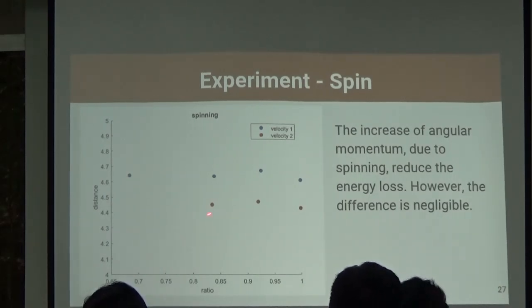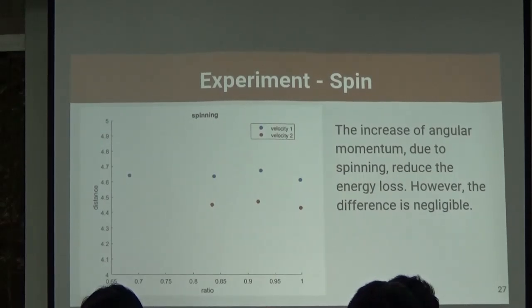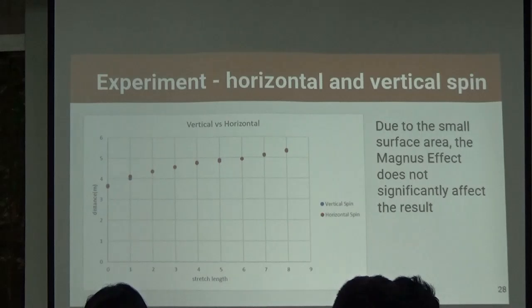As shown in this graph, we have sets that have the same initial velocity, but some with angular momentum and some without. The results show that the spinning actually has a really small impact on the flying process, which we predict is because of the small surface area that the air resistance can act on this rubber.